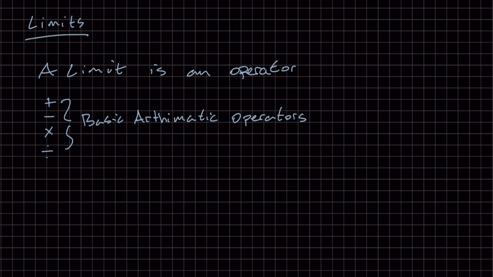So if you take 3, you can change what 3 is by taking one of these operators and another number and using them together, right? If we want to change 3 into 6, all we have to do is multiply by 2, and that is equal to 6, right? This is an operation. We just used an operator on a number to get a new number, right?